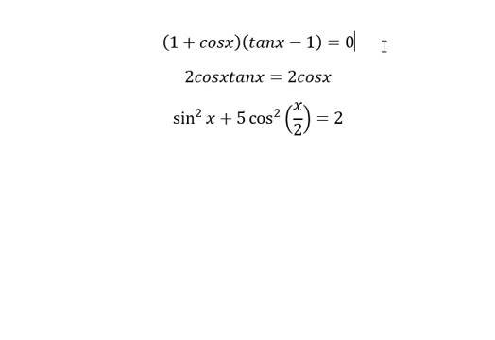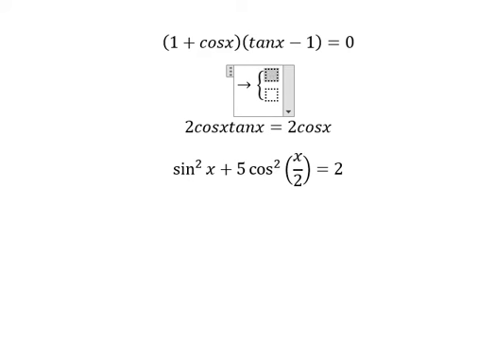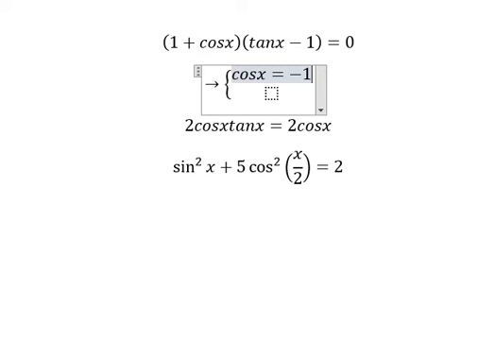Now let's go to question number 2. In this situation, we have two solutions. That's cosine x equals negative 1 and tan x equals 1.